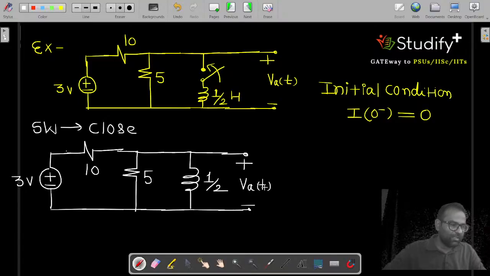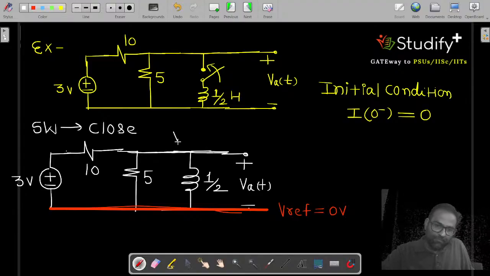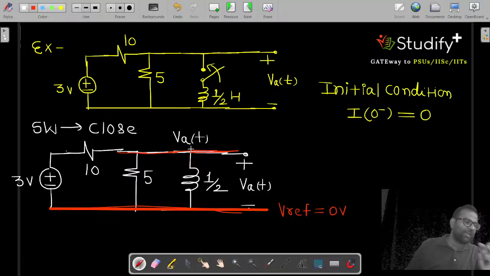Now, if I assume this potential as our reference potential, then what I can say is the value here will be VA of T. And all these points are short circuited, so you can take these as short circuited points. So a single node is valid for this.